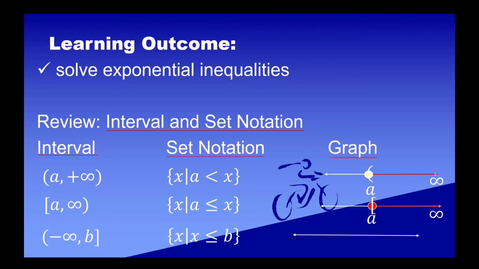So the direction here is going to the left side. So we have the shaded circle. So ibig sabihin ang b natin kasali in our solution set, and the solution set is going to the left side, to the negative infinity. Okay, yan for the interval and set notation.